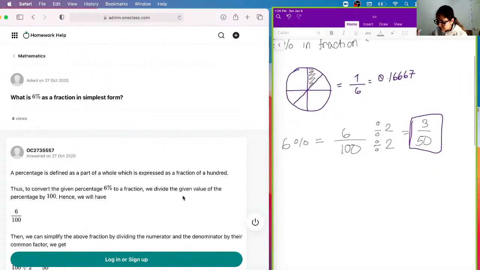So if you evaluate 6 divided by 100, whatever decimal you get, you will get the same for 3/50. Okay, so you can say that 6% is equivalent to 3/50.